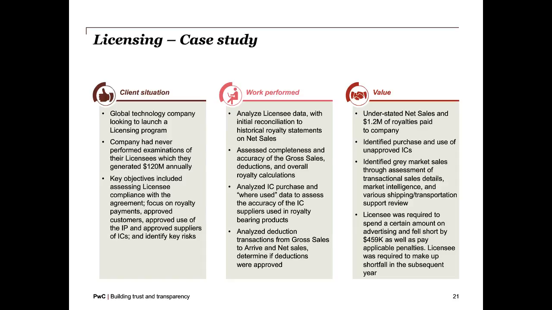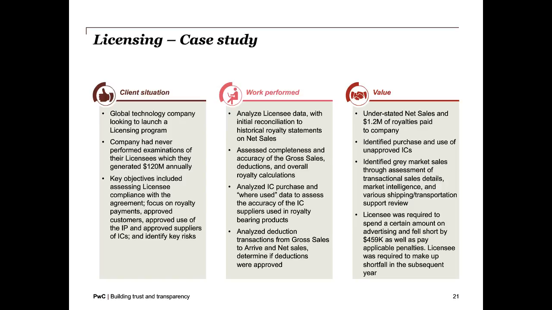So for them, the key objectives were not only a revenue play. This wasn't only, are we observing revenue leakage, but also an interest in protecting my licensing base. I want to make sure that my licensees are using the approved customers. They're also using approved IP and the approved suppliers of integrated circuits. In this case, a technology company was licensing IP to a licensee that manufactured and sold consumer electronics.